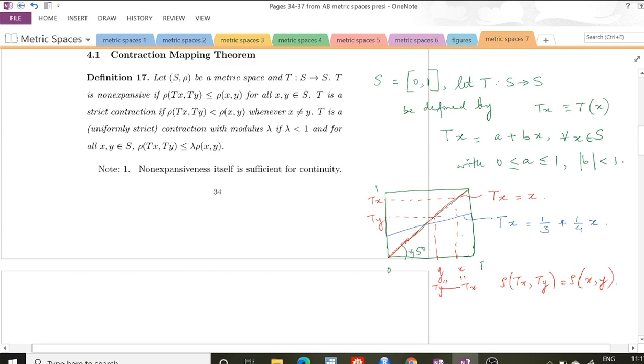So this trivially satisfies the notion of T being a non-expansive map in the sense that the distance is less than or equal to the distance between x and y, right?